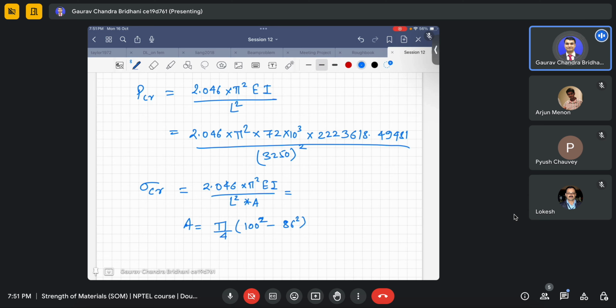This is the area, no? Outer circle area minus inner circle area. Correct. So we divide it with pi by 4 into 100 square minus 86 square.